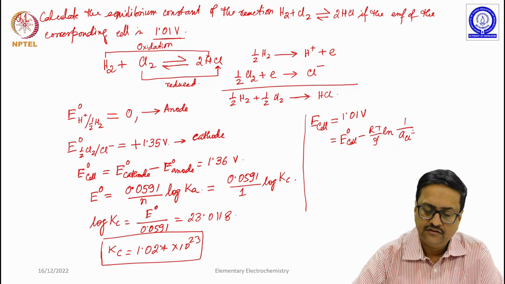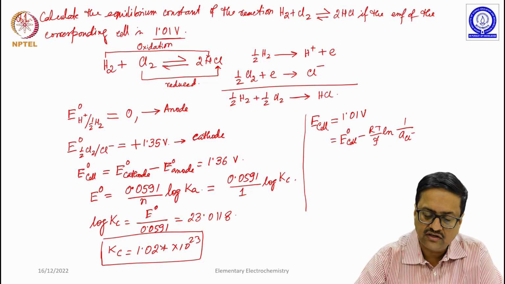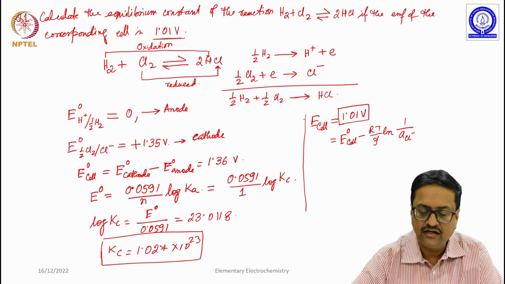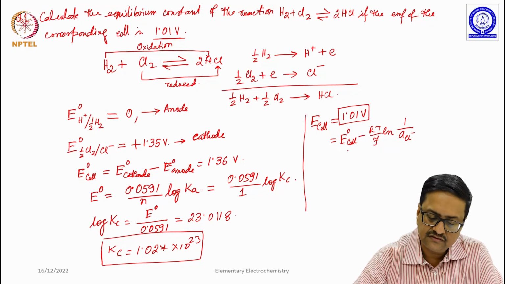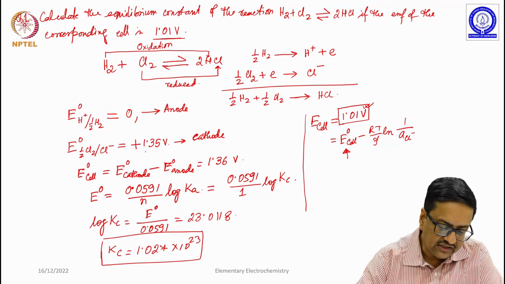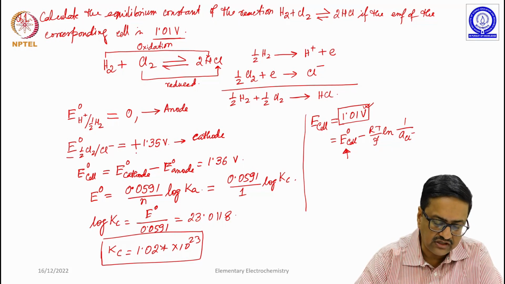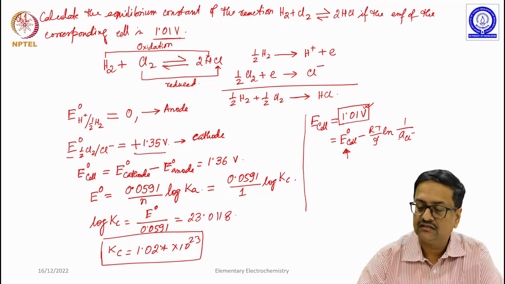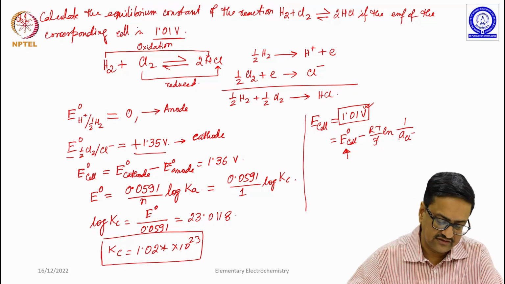In this case, this is the EMF of the cell and not the E0 cell. So here we don't need to use this value at all. One has to use the E0 of the chlorine chloride electrode to calculate the equilibrium constant of this reaction.